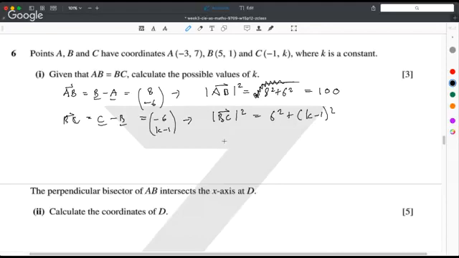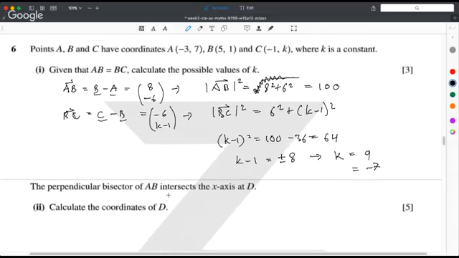So we have that (K minus 1) squared is equal to 100 minus 36, which is 64. We take the square root, we get K minus 1 is equal to plus or minus 8. So therefore, either K is equal to 9 or K is equal to minus 7.